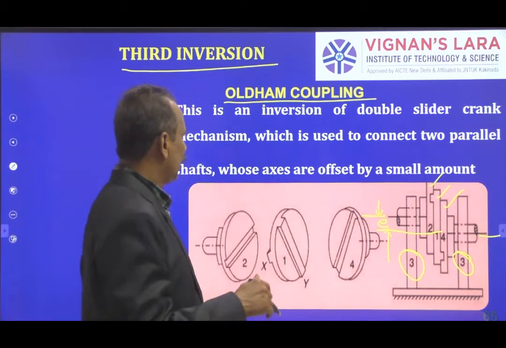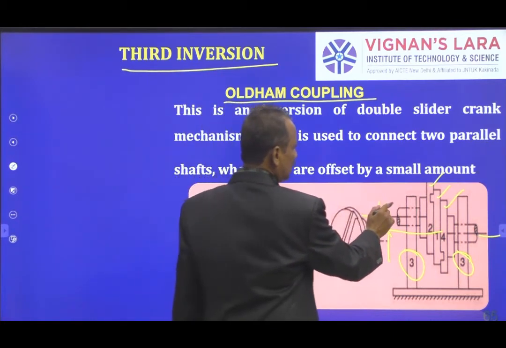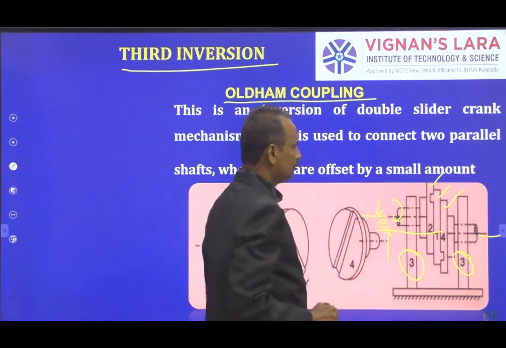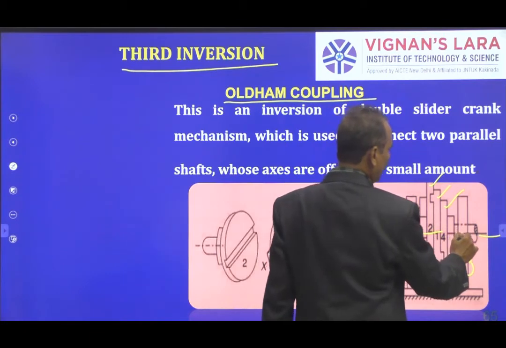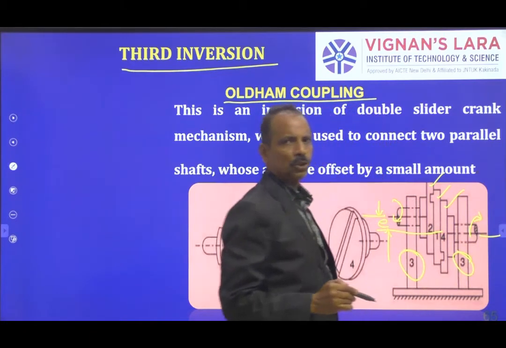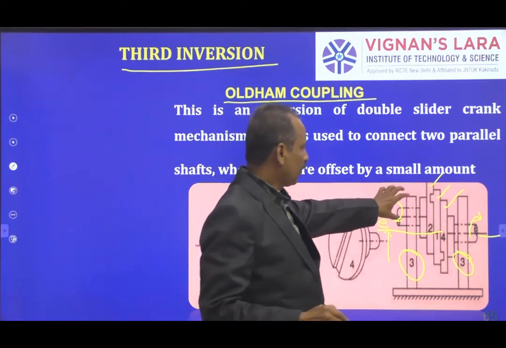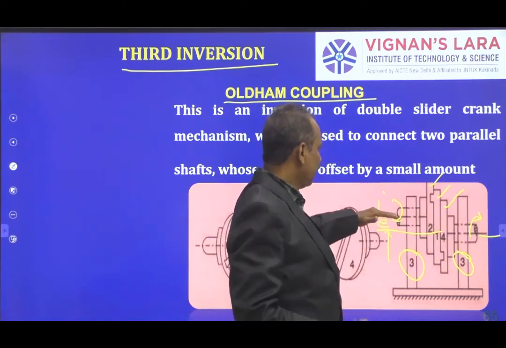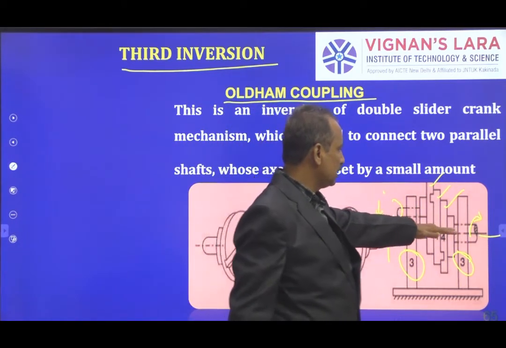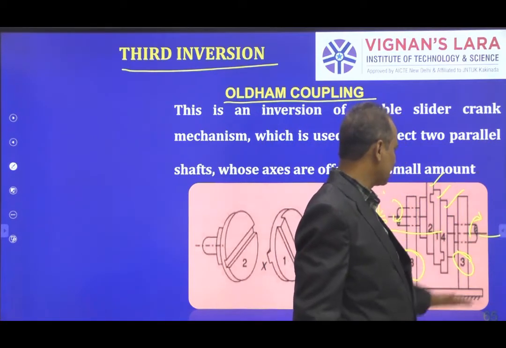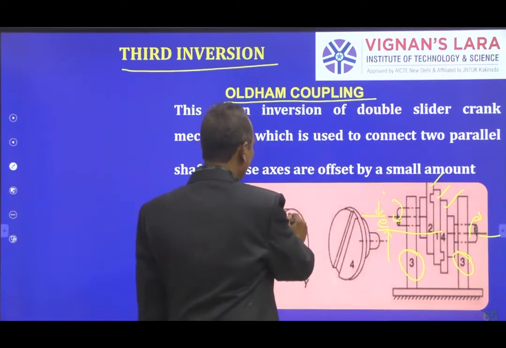Here the input and output are both rotary motion. So I need to transmit the power from here to here, where the input shaft axis is not matching with the output shaft axis, by an intermediate link.